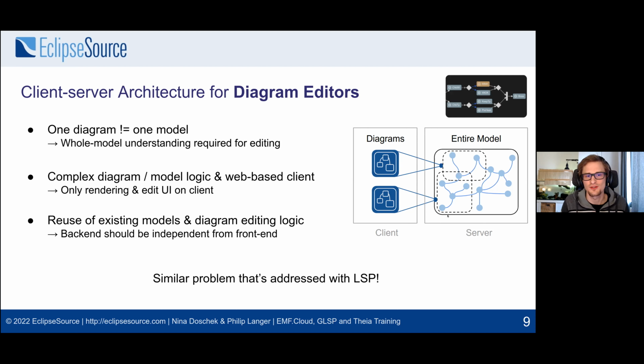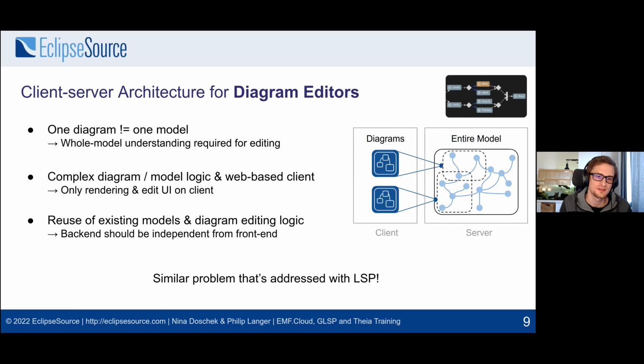So it's not sufficient to just look at one diagram in order to provide good editing feedback, like, okay, you shouldn't add a connection here because there is already one. Maybe you can't see it in this diagram, but it's there. Therefore, you need to have a full model understanding in your editor. Obviously, that's something already very hard to do if you only do it in a browser.